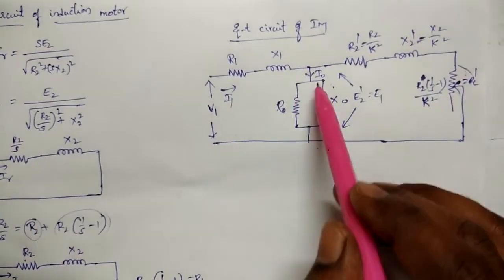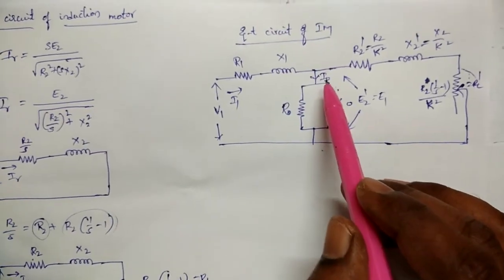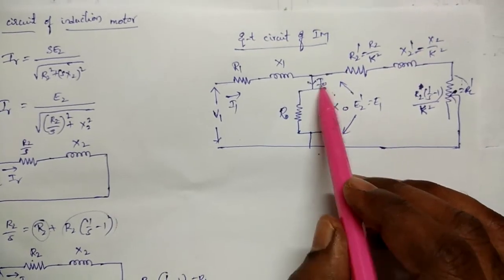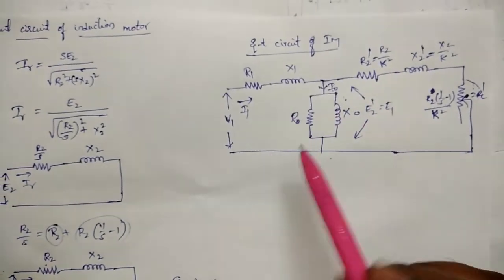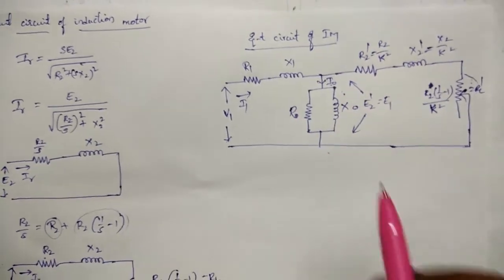But in the induction motor, this no load current is not that small. It is nearly 30 to 50% of the full load current. So you cannot neglect these shunt branch parameters.